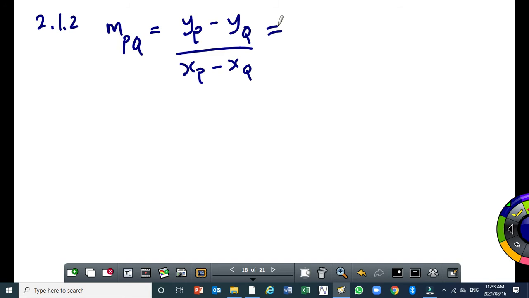When we're writing our formula, we give marks to that. I don't encourage you to write it as change in y over change in x and then substitute. Write it like this.